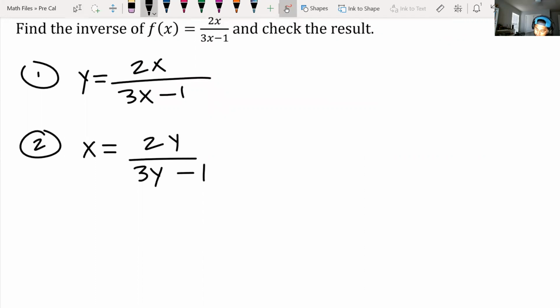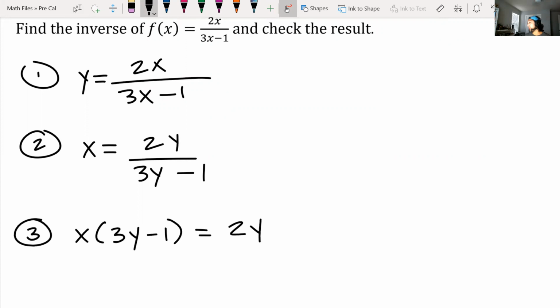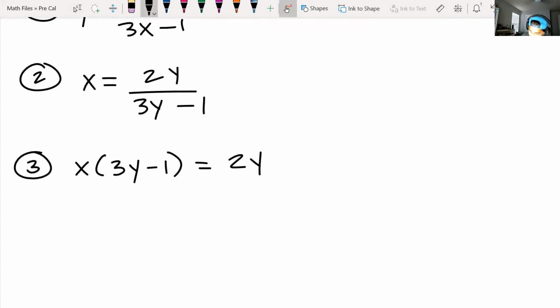Step 3, solve. I'll just multiply the denominator to the left side and you'll get x times 3y minus 1 equal to 2y. And what do we do on this step? Distribute. 3xy minus x equal to 2y.